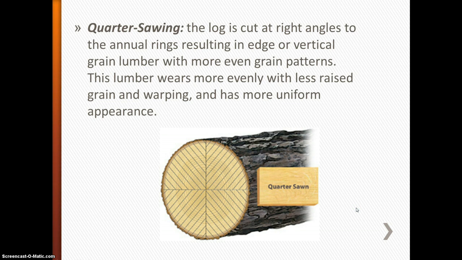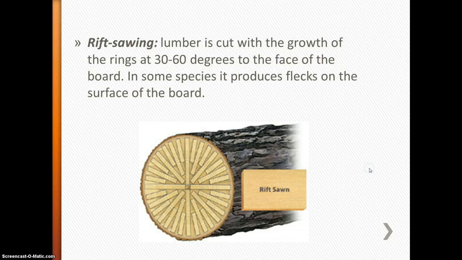And we see the quarter sawn, where we see a much prettier grain pattern. The log is cut into four sections, and then it's cut diagonally across that section. It gives a more uniform appearance.